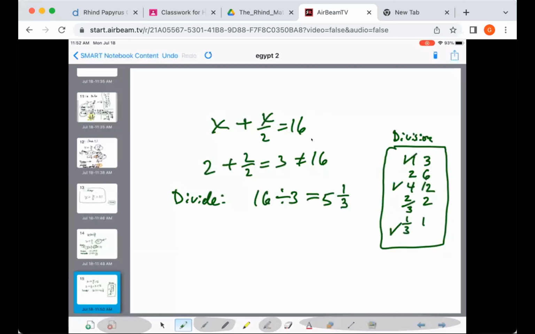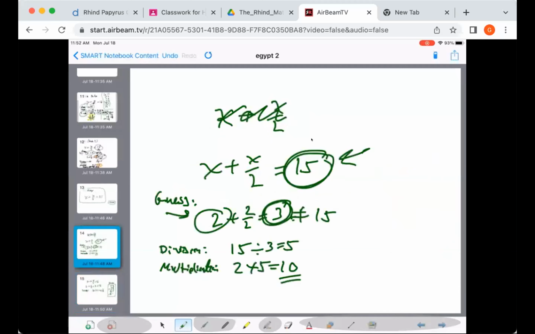When it was 15, we wouldn't even need to divide. We could just look at it and say, I'm off by 5, multiply the answer by 5, and I'm done. But if someone didn't know that 3 times 5 is 15, they would have to do it by dividing. 16 divided by 3 is 5 1/3.